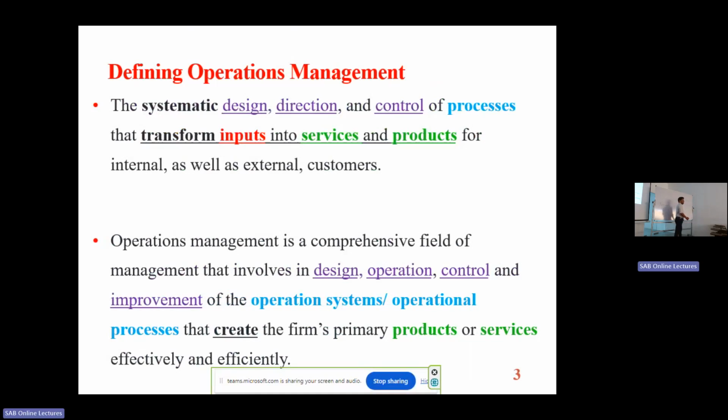What are the other improvements? What are the other key improvements that you think are relevant for operations? Process improvements, of course. Process improvements, right?